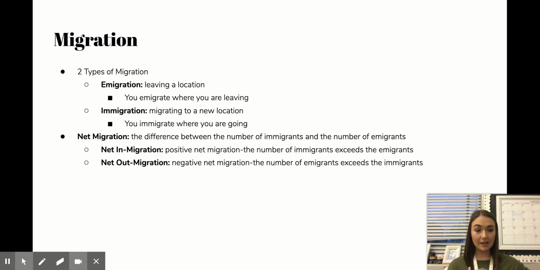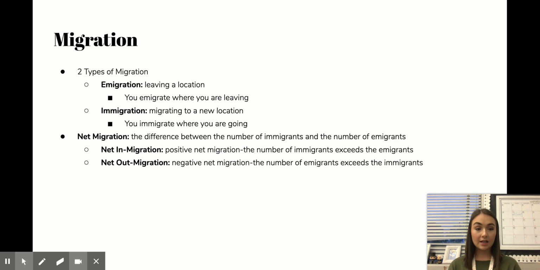I would be an I migrant to Germany. They're spelled differently, but they're said the same way. So when we talk about it, we'll either talk about emigration with an E or immigration with an I. So those are the two types of migration. You're either leaving somewhere or you're going somewhere.